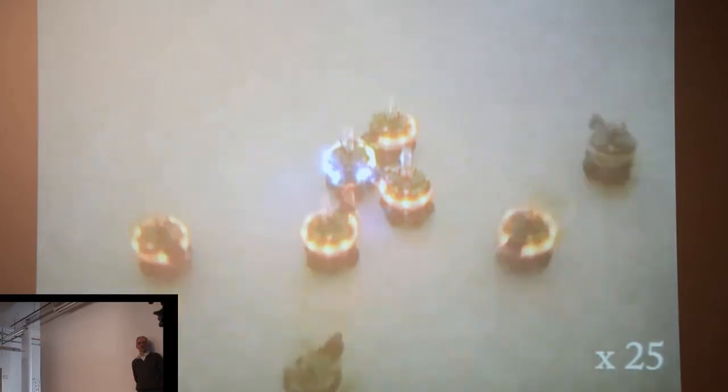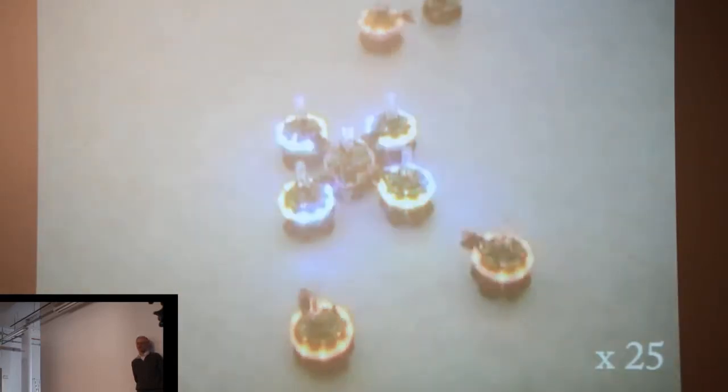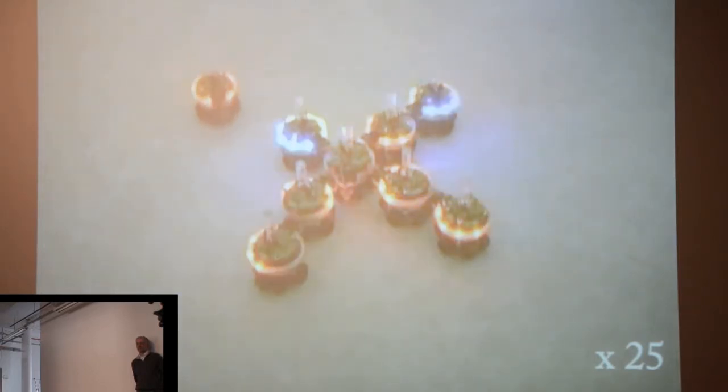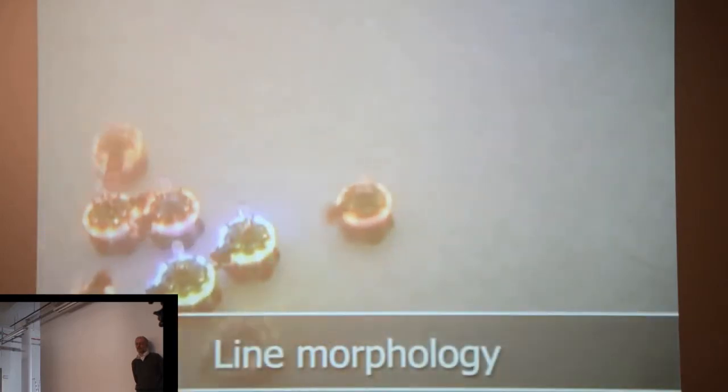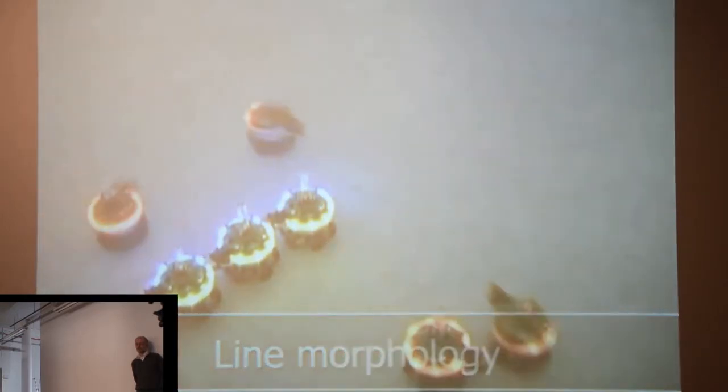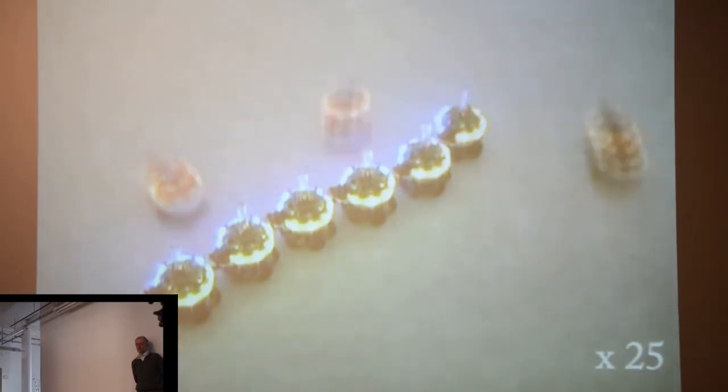By manipulating these simple rules, different morphologies can be formed. Each robot only acts on the basis of local information. None of the robots have any concept of a global morphology. Nonetheless, when many robots all follow the same specific set of rules, a distinct global morphology emerges.